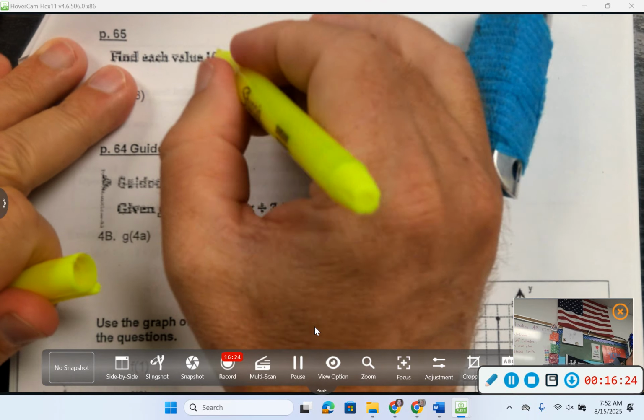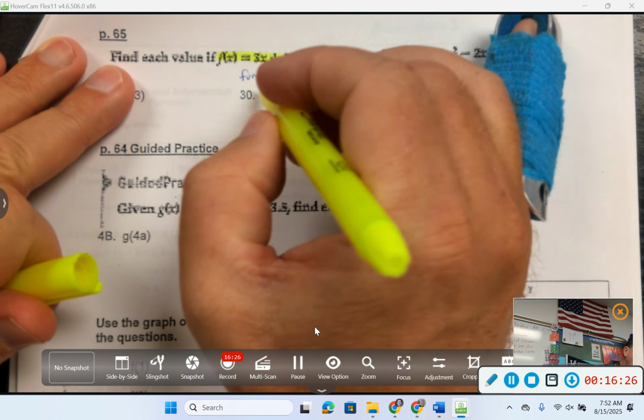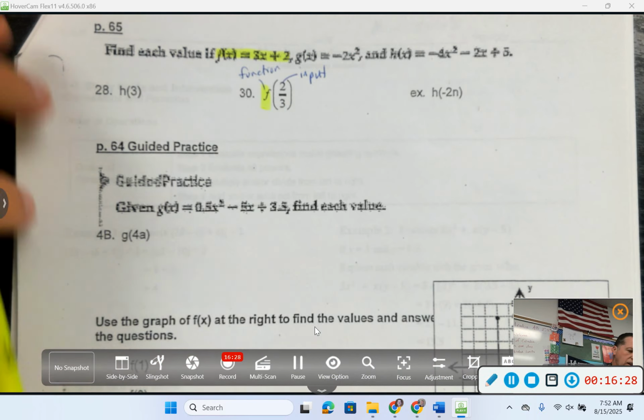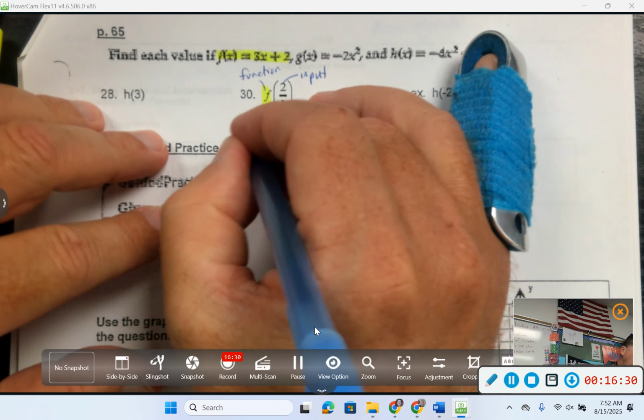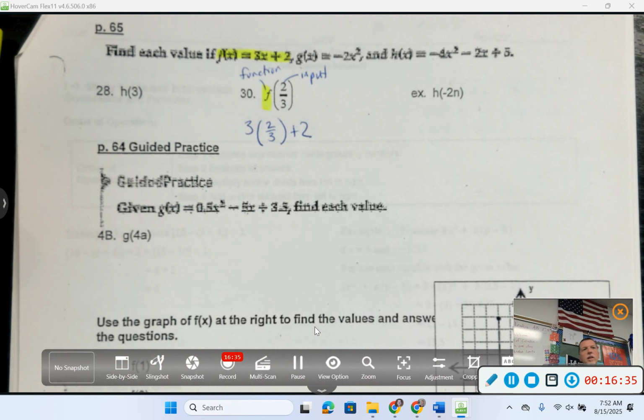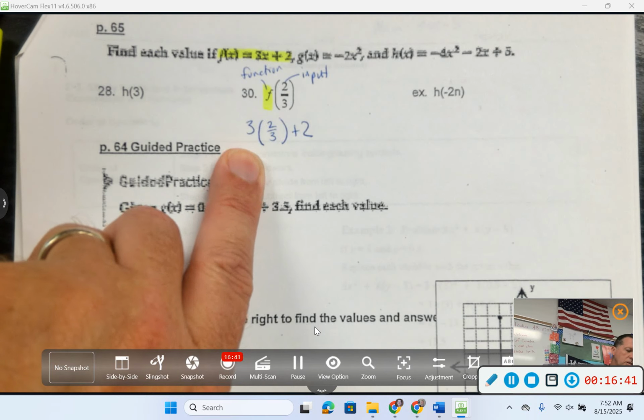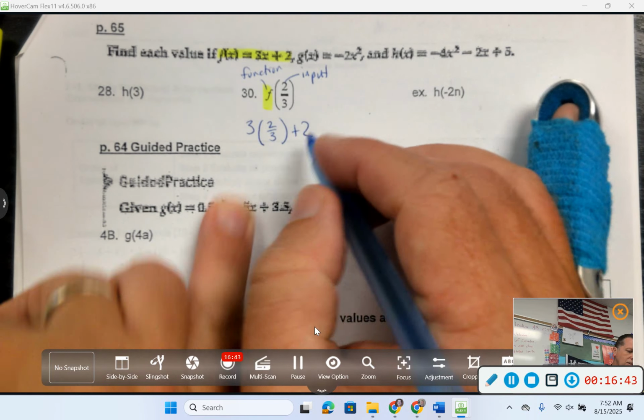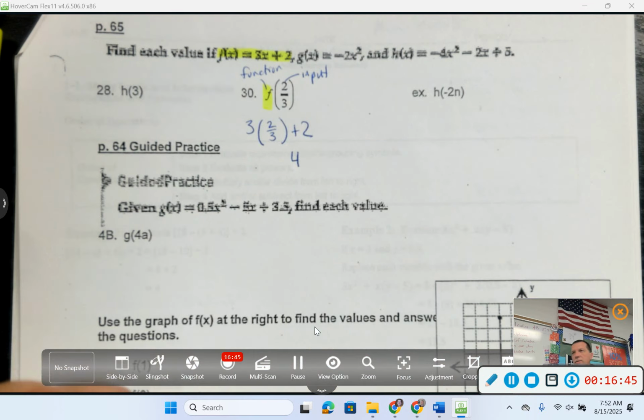So pardon the poor copy quality here. There's f. So in place of x, I'm going to put 2/3. So I grabbed my f function, I plugged in 2/3, and now 3 times 2/3, the 3's cancel, 2 plus 2 is 4.